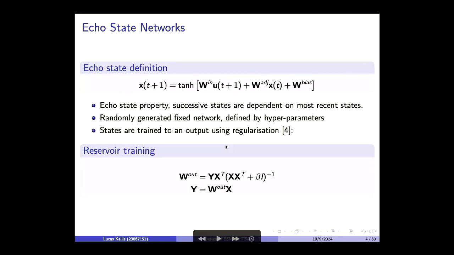Yeah. Might be worth repeating the equation. The one thing that you do need to add to this slide is to put in that U_t is the input, S_t is the state. Yeah.